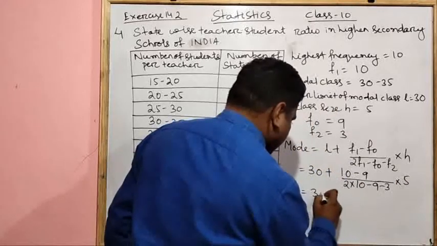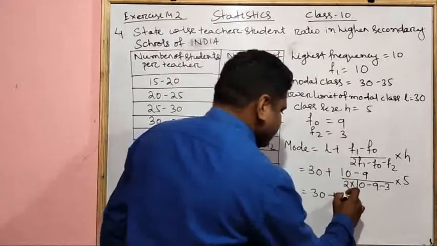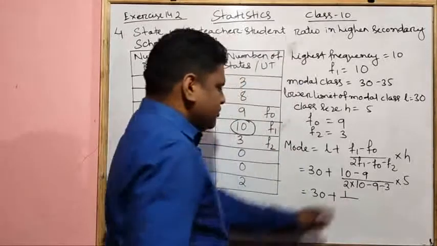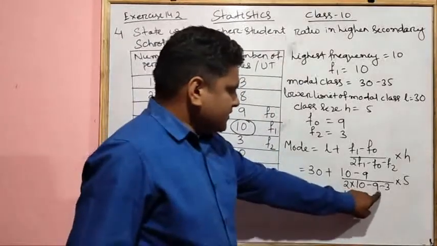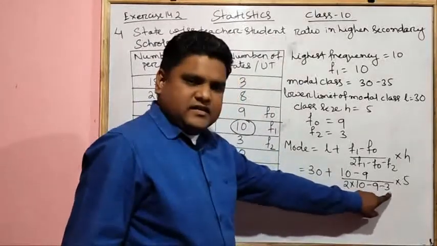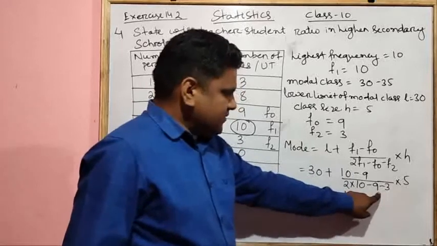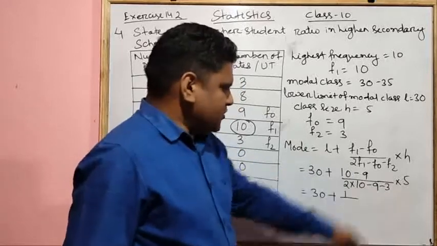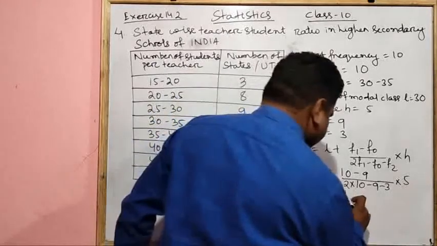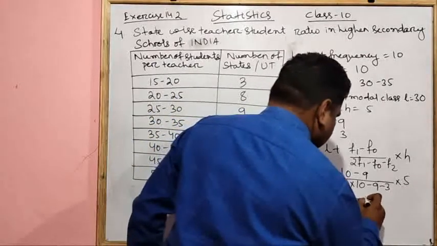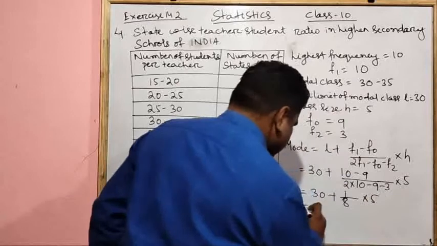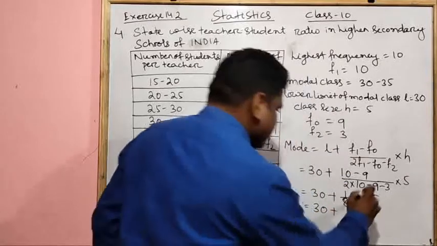So it will be 30 plus 10 minus 9 is 1, divided by 2 into 10 is 20 minus 3 minus 9 is minus 12. 20 minus 12 is 8, into 5. So it will be 30 plus 5 by 8.